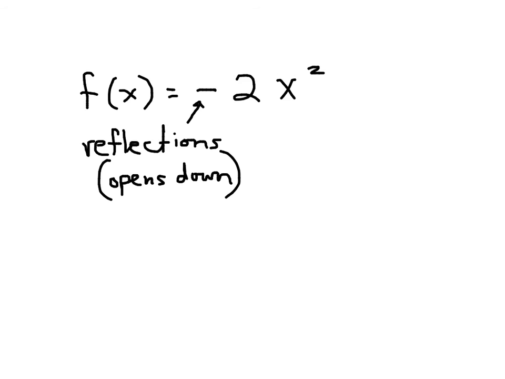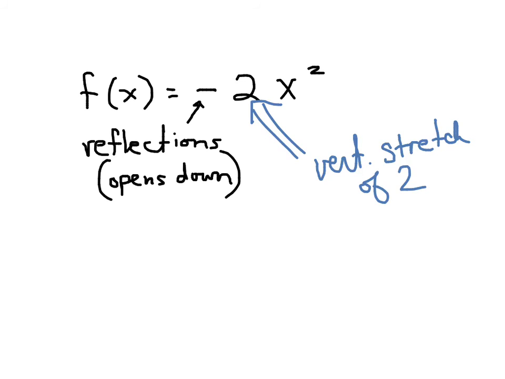And this number there, if it's higher than 1, is a vertical stretch of 2, meaning our parabola should be narrower.